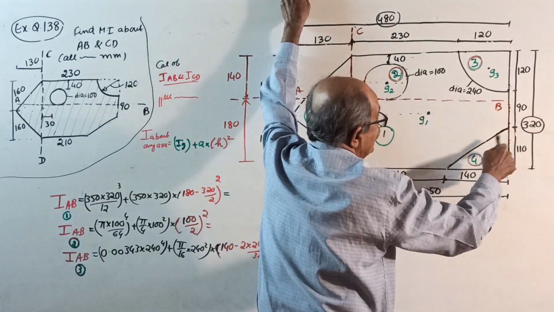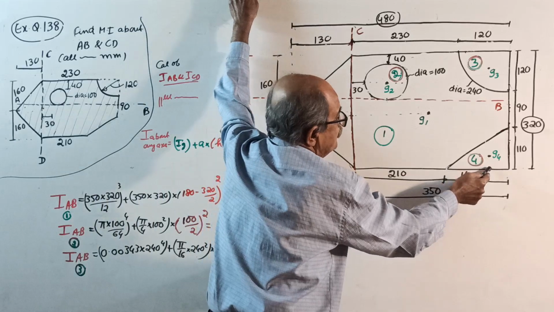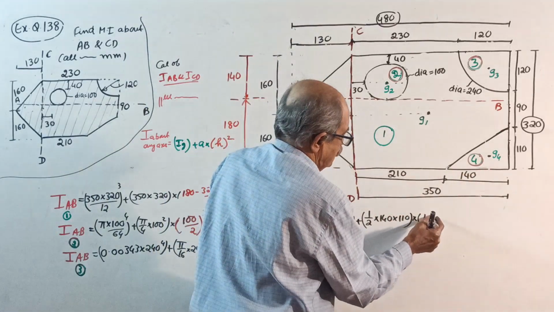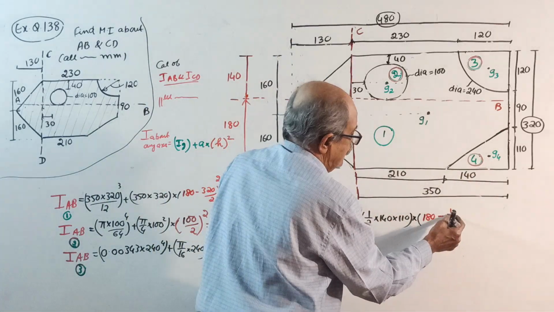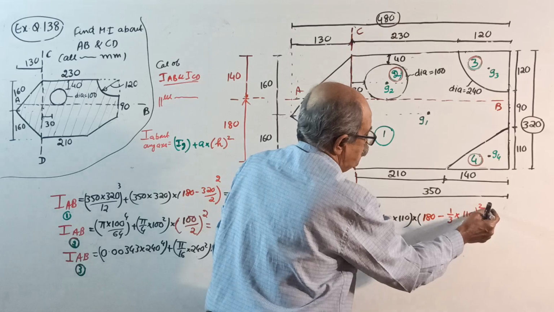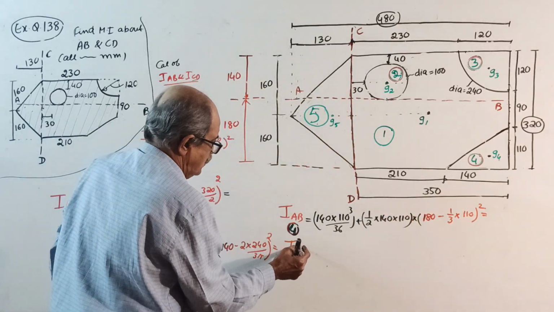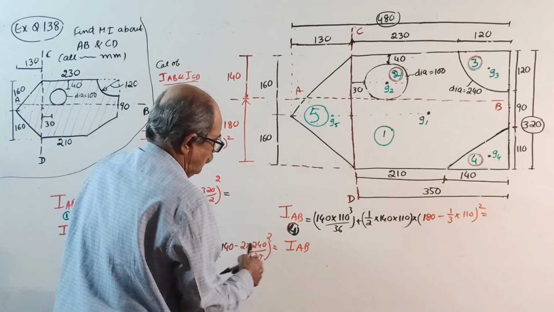This distance square is 180 minus this distance, 180 minus 1 by 3 of 110, whole square. Calculate this number. Lastly, I about AB for part number 5.